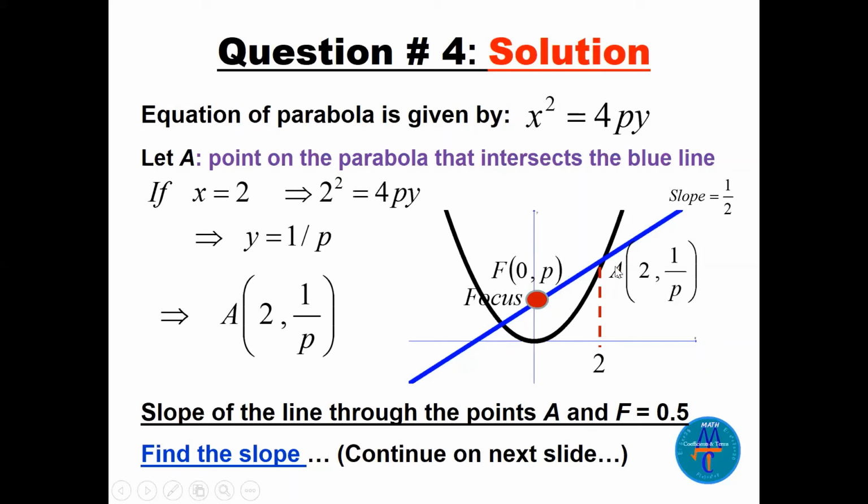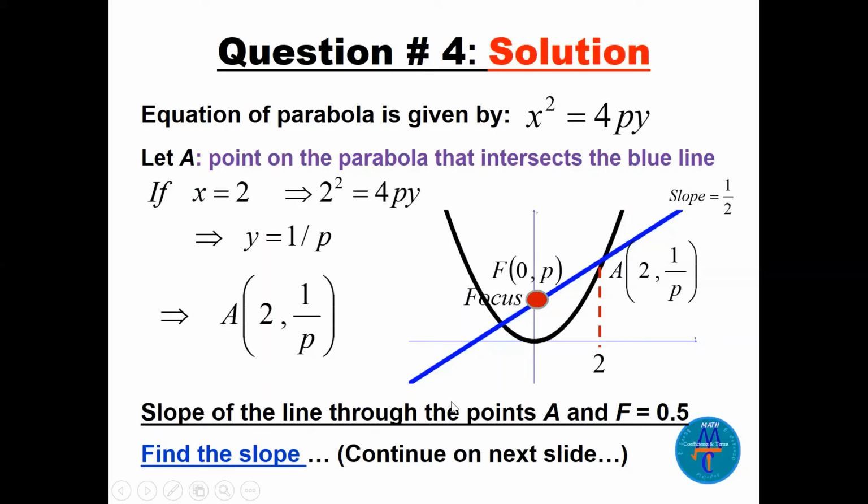So if I have 2 points, from algebra, a very important formula: if you have 2 points, let's say this is A and F, the slope of the line through the 2 points is equal to half. You see here, the slope equals half. See this line here? The slope of the line equals here half, 0.5.